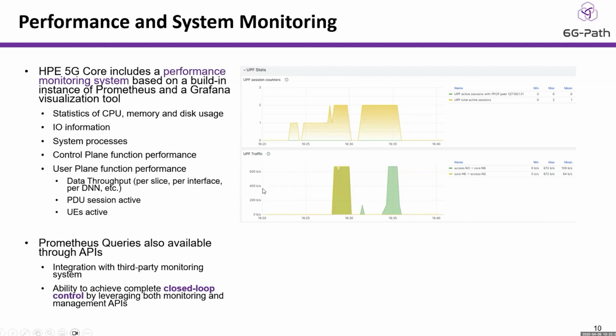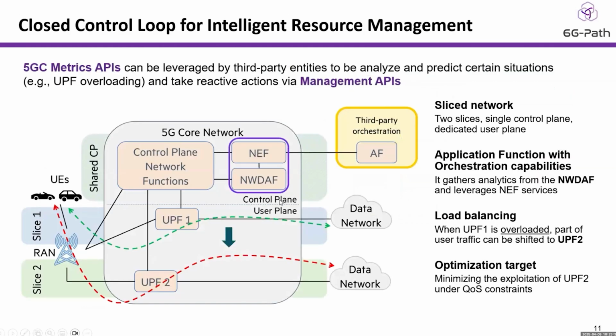So if we merge this API of metric collection with the API of actuating actions to the core network, like, for example, provision API, we can also realize what is called a closed control loop for intelligent resource management. This is what we actually realized in this activity presented here. And I leave now the floor to Nicola.